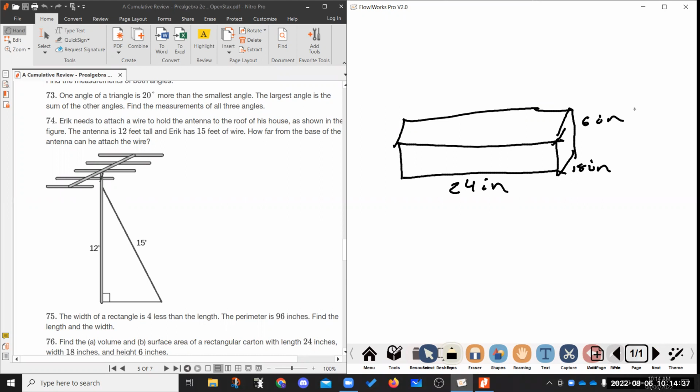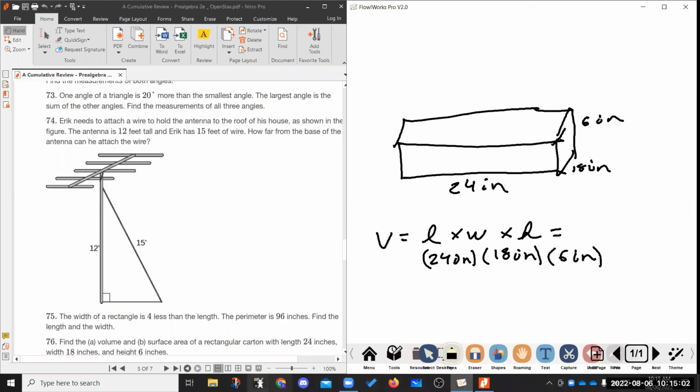Okay, so volume first. Volume is length times width times height is going to be 24 inches times 18 inches times 6 inches. So that's going to be a big number.